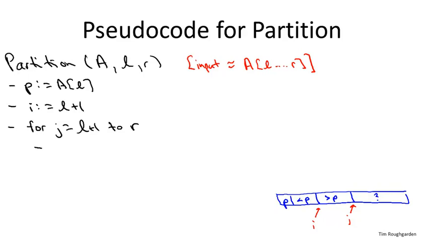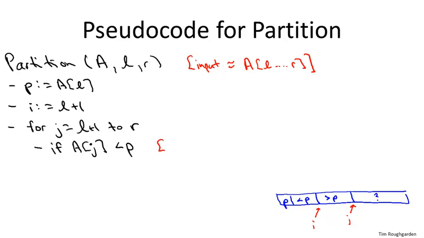And what we saw in the example is that there were 2 cases, depending on whether the newly seen element is bigger than the pivot or less than the pivot. The easy case is when it's bigger than the pivot. Then we essentially don't have to do anything. Remember, we didn't do any swaps, we didn't change I, the boundary didn't change. It was when the new element was less than the pivot that we had to do some work. So we're going to check that.